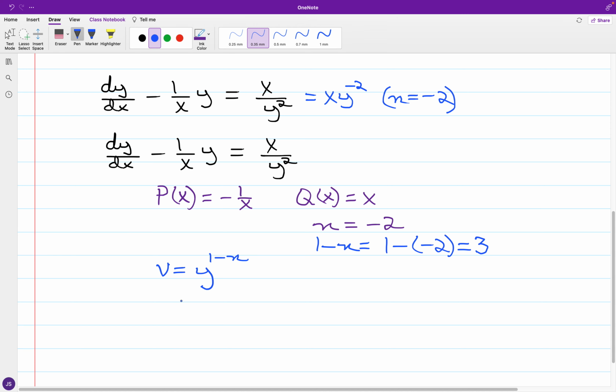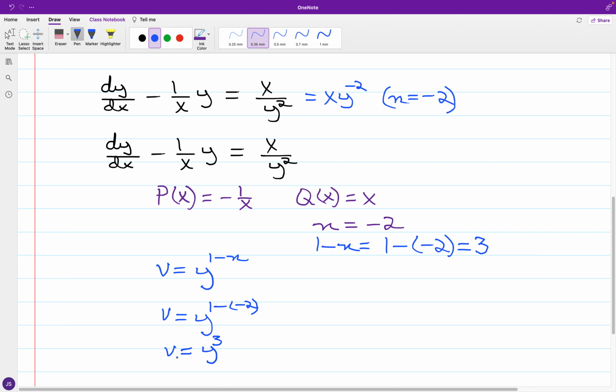So v is equal to y to the 1 minus n, which is the third power. I'll rewrite this: v is equal to y cubed.